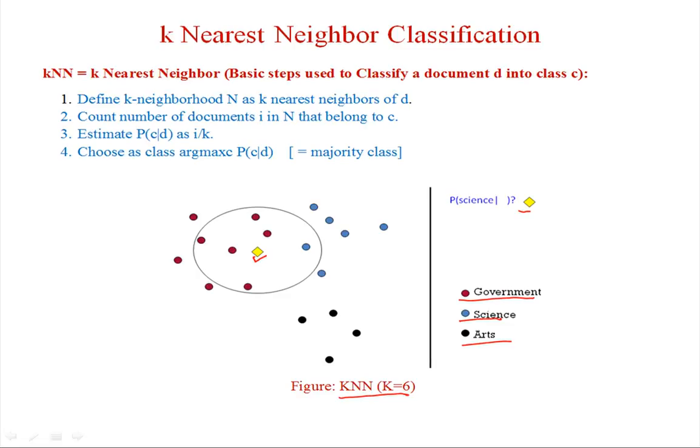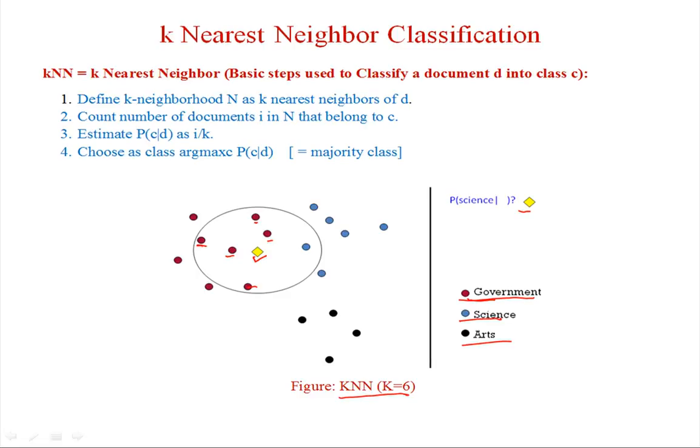There are 6 points inside the boundary, which are the 6 nearest similar documents with respect to the yellow rectangle. Here the count of documents represented as red circles is in the majority. So we will decide that the document represented by the yellow rectangle belongs to the government class. So this is the general technique for K nearest neighbor classification.